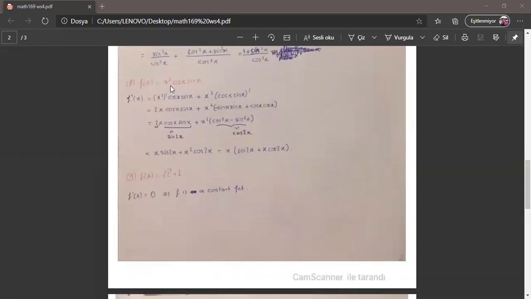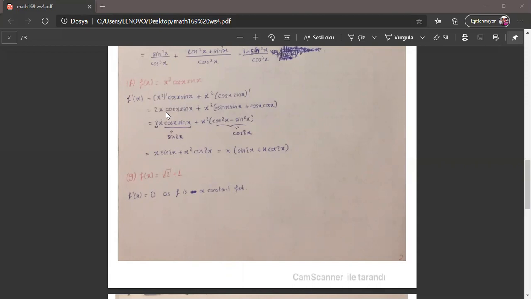What about this? Now you have 3 functions, but you can see this as 2 functions. So you can consider the first one as the first function and cosine sine as the second function. You need to take the derivative of the first one times the second one plus the first one times the second one's derivative.